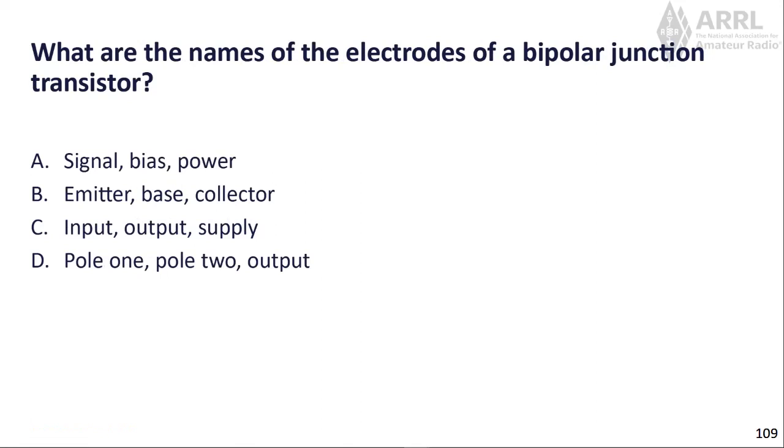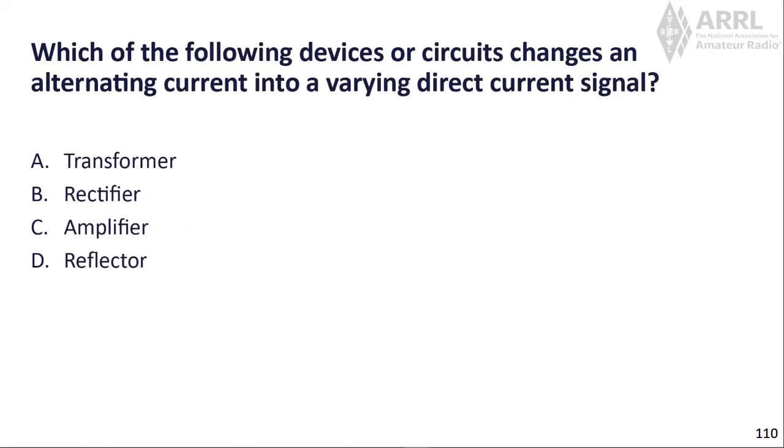What are the names of the electrodes of a bipolar junction transistor? And the answer is B, the emitter, the base, and the collector. Which of the following devices or circuits changes an alternating current into a varying direct current signal?